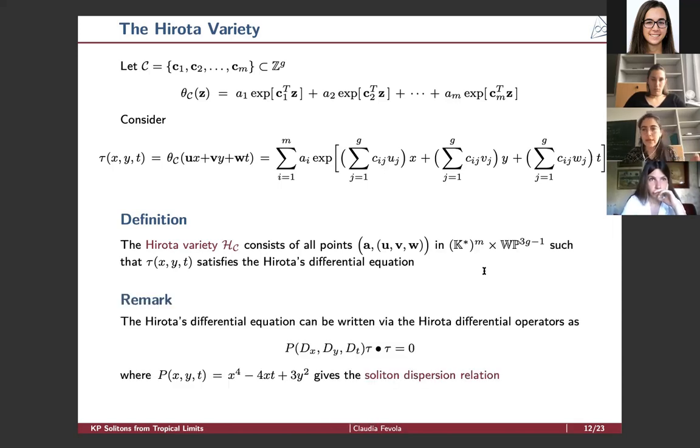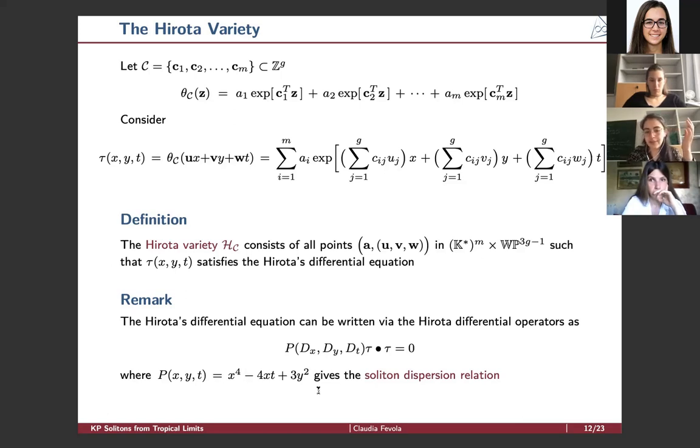And we have a nice combinatorial way to describe the equation of this variety. And to do that, we need to introduce a polynomial that will play a main role in this description. So the iota differential equation can be written also in terms of differential operators in this way, where P is this polynomial in the variables x, y, and t.